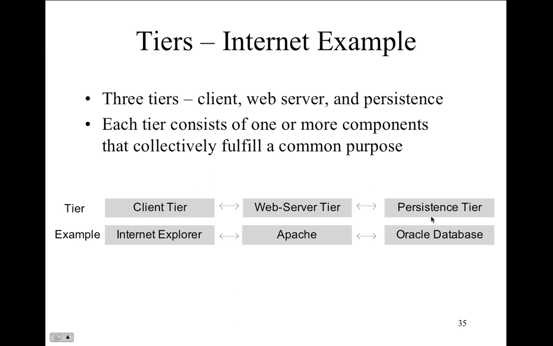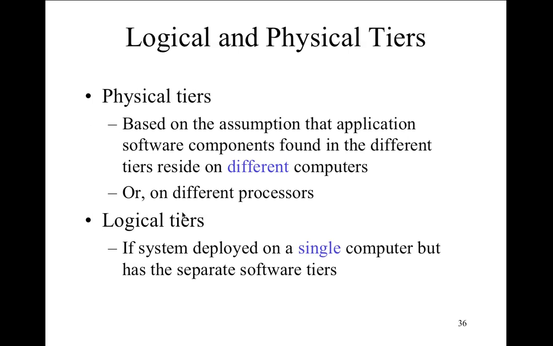It's the application, keeping track of what the customer is doing, and persistency, if that's a word. Each tier consists of one or more components that collectively fulfill a common purpose. So the client, Internet Explorer, is working with Apache, which is working with an Oracle database, as an example of the client, the web server, and the persistent tier. There are other examples, however; that's not the only form of the 3-tier.